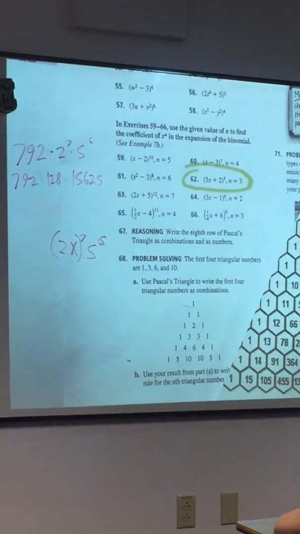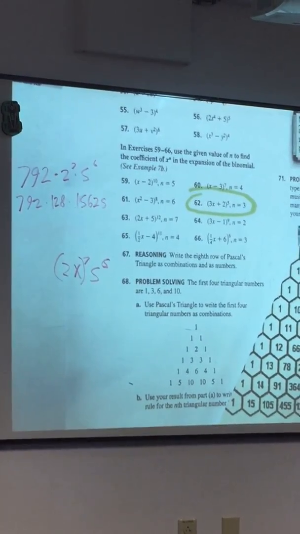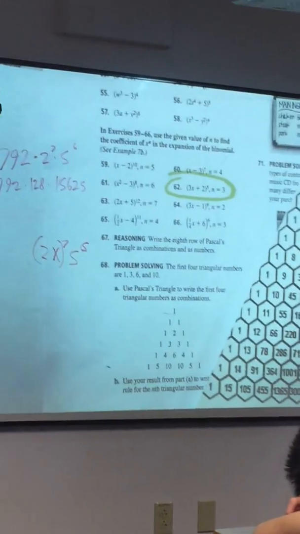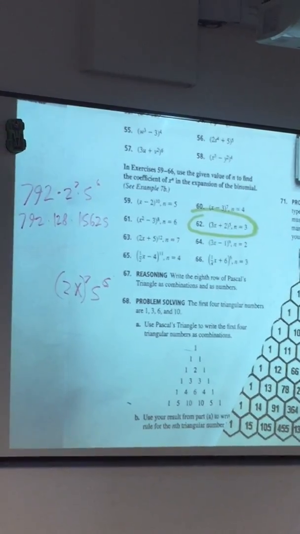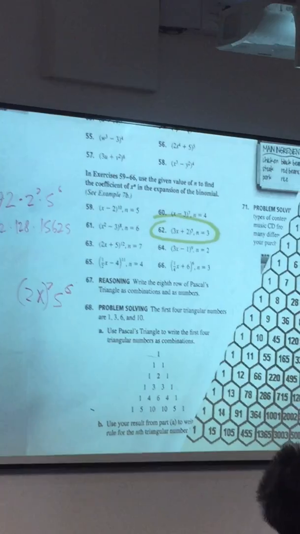Is that right? I think that it should, because that's the pattern, right? It always adds up to whatever the highest exponent is.